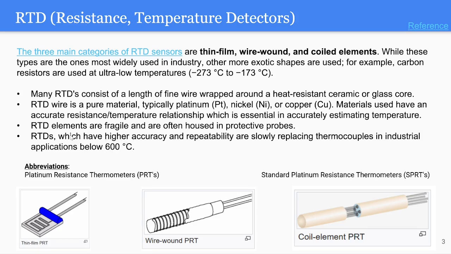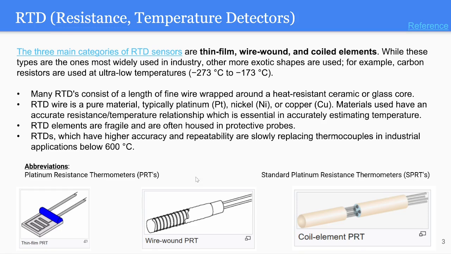Another advantage of RTDs is higher accuracy and repeatability, which means that below 600 degrees Celsius, RTDs are pretty reliable in estimating the temperature, and they are replacing thermocouples, because thermocouples lose their repeatability depending on the time, how many times or the duration of their use, which basically deteriorates their repeatability. We will learn about it in the subsequent slides.